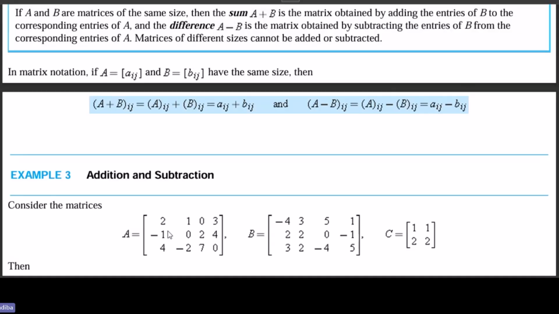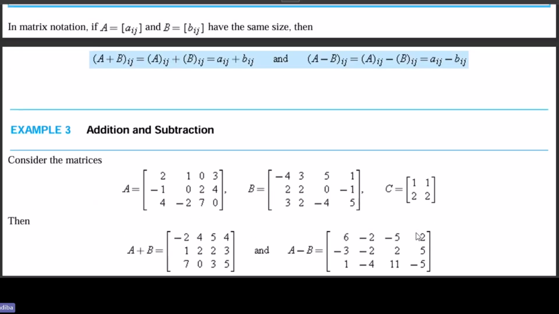Matrix A, 3 by 4 matrix. Matrix B, 3 by 4 matrix. Matrix C is a square matrix, 2 by 2 matrix. Therefore, matrix A plus matrix B, they can be added because they are of the same size.